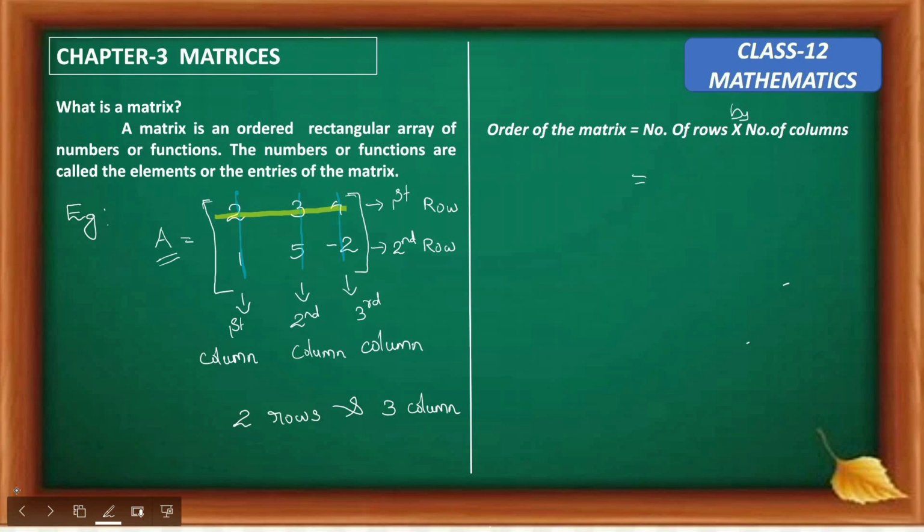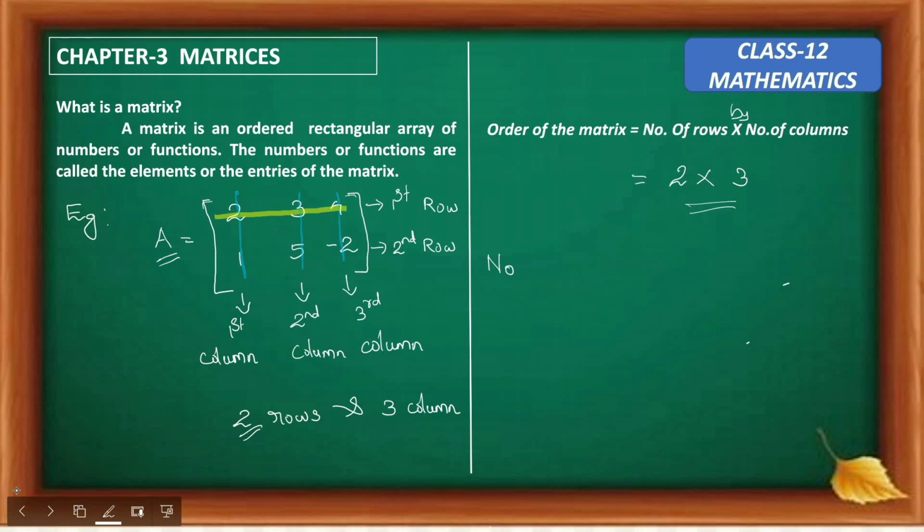You can see 2 rows, into number of columns. How many columns are there? That is 3. Then the order of the given matrix is 2 by 3. 2 by 3 is the order of this matrix.